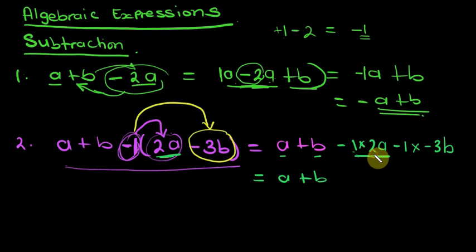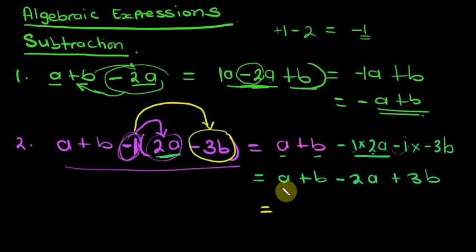Negative 1 multiplied by 2, that gives us minus 2a. Right. Negative 1 multiplied by negative 3b. That negative and negative becomes positive. Positive 3b.